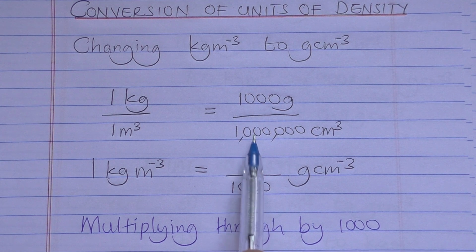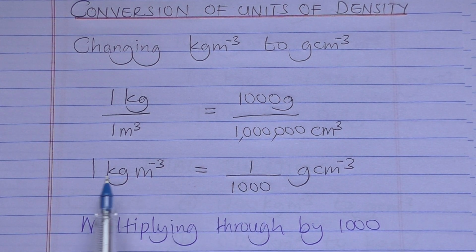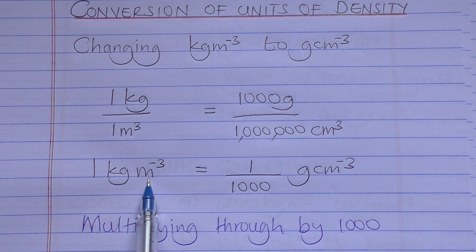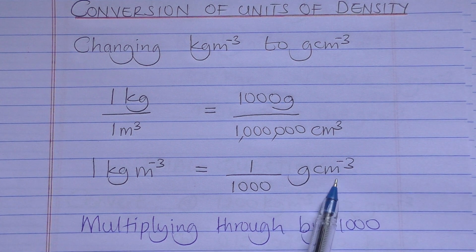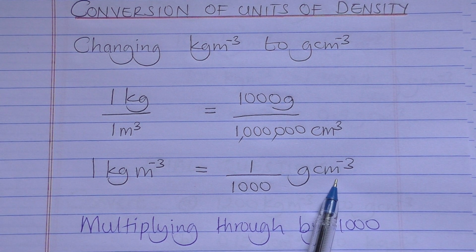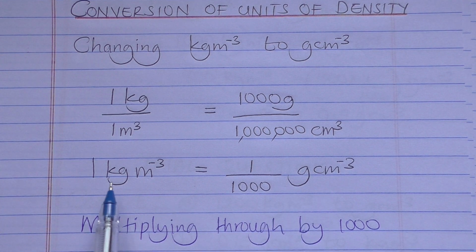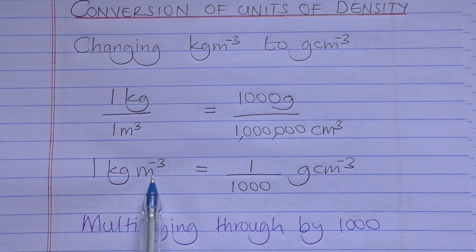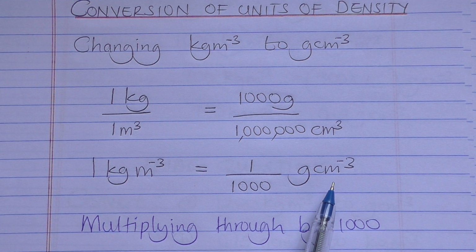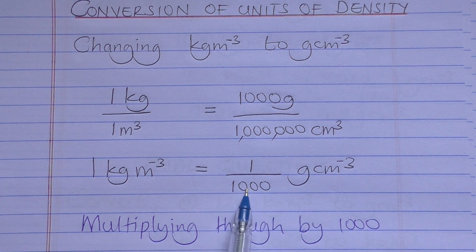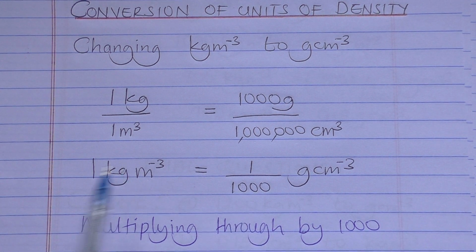And therefore, when we divide, we shall end up with 1 kilogram per meter cubed being equivalent to 1/1000 grams per centimeter cubed. So that's how we convert from kilogram per meter cubed to grams per centimeter cubed. It means that we shall always divide our values by 1,000.